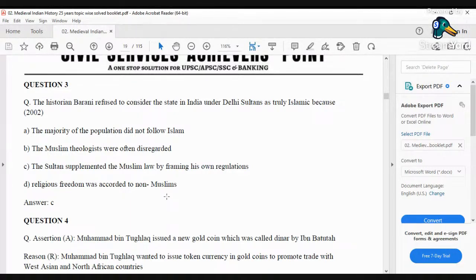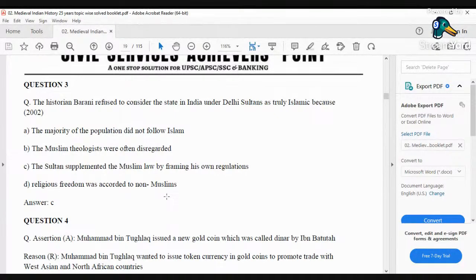All these attempts are considered to be his mistakes, something which he could have avoided. And what is the importance of these mistakes? These mistakes went on to affect his prestige.